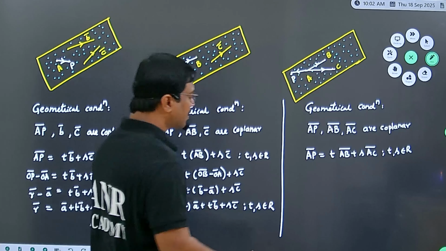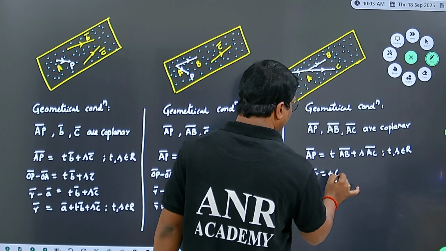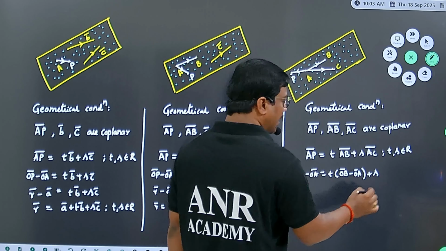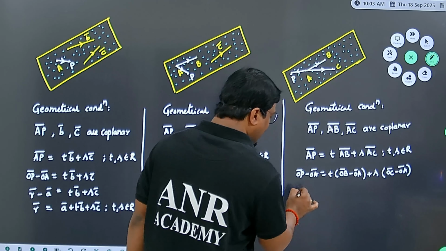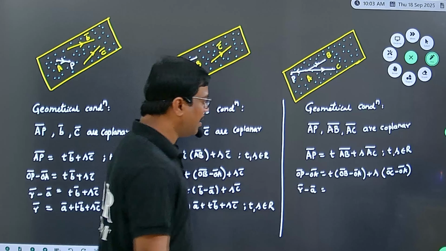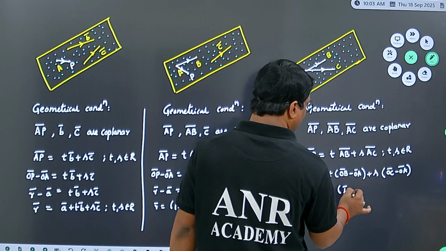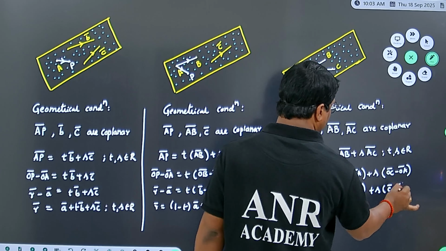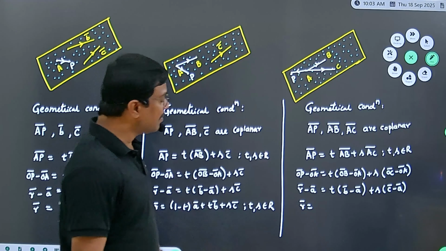In the same way, last one, AP is OP minus OA. You know that AB is OB minus OA vector, and AC, that is OC minus OA, and position vector of P is R bar and A bar. Here position vectors of B bar, OB bar, A bar is OA bar, this is C and this is A. And finally, after simplification, it gives the result.